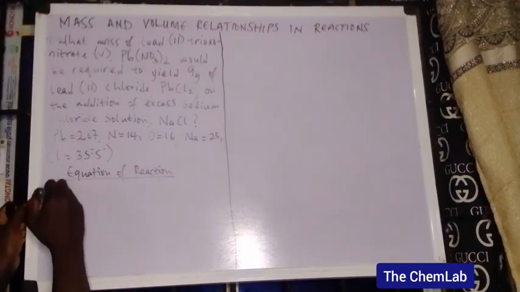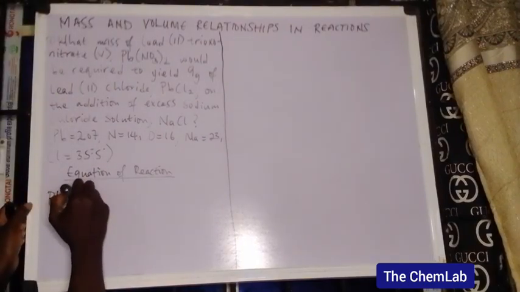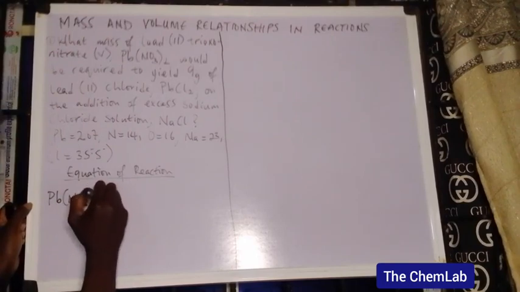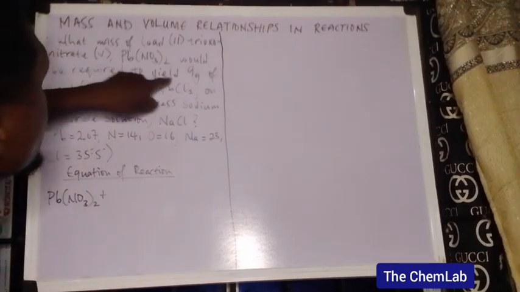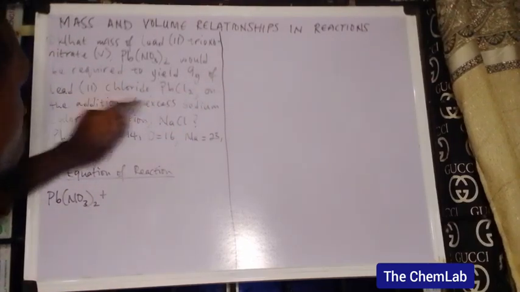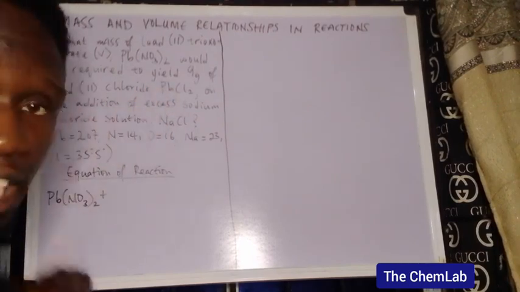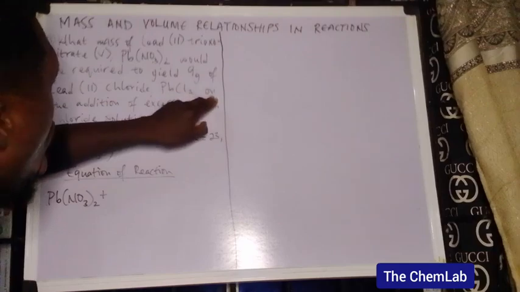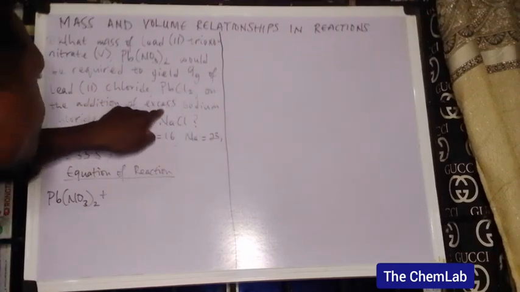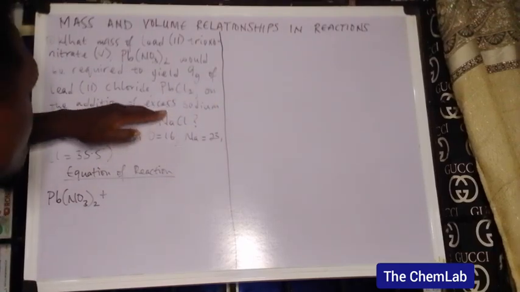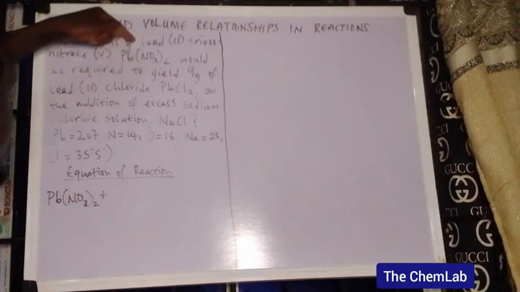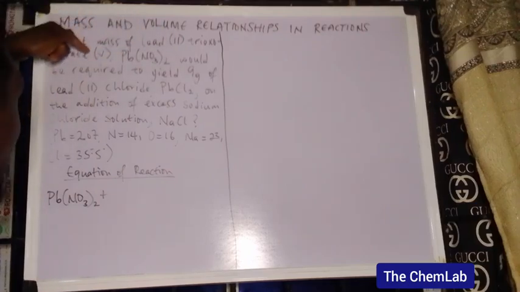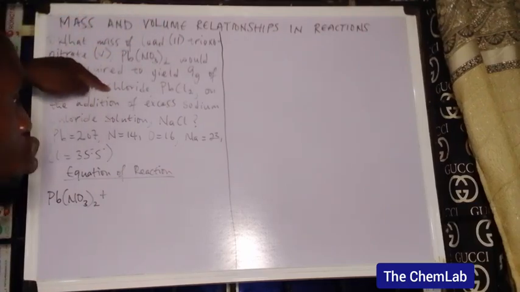So we have Pb(NO3)2 plus, to yield 9 gram of lead(II) chloride. So PbCl2 is a product. Now, on the addition of excess sodium chloride: when they add excess sodium chloride to lead(II) nitrate, they got lead(II) chloride.